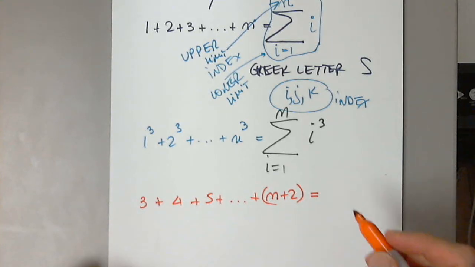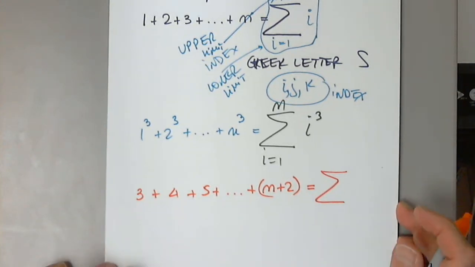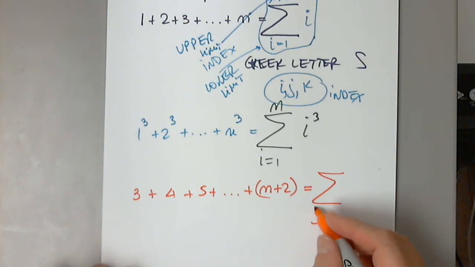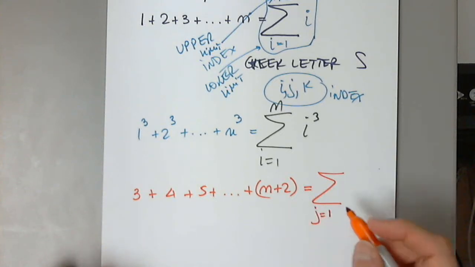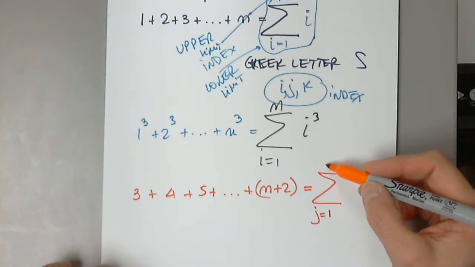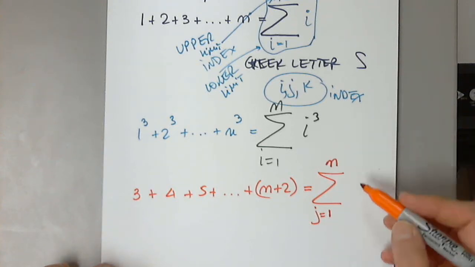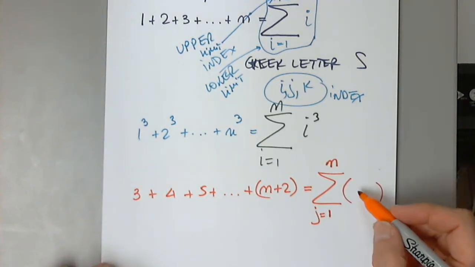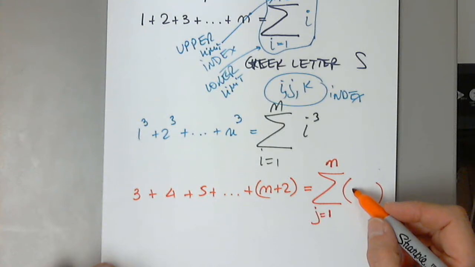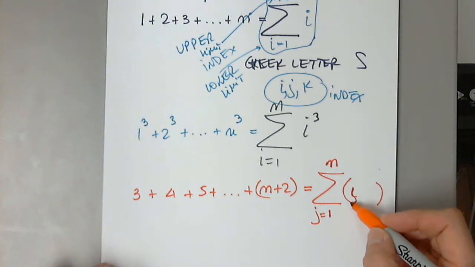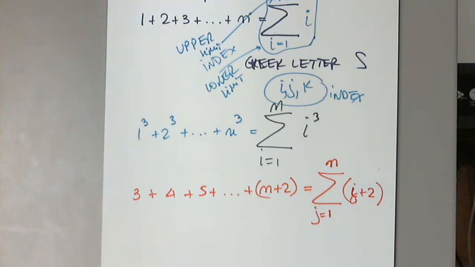The summation notation from, okay, let's just simply use J equals 1 till N from, yes, plus 2. Let's check.